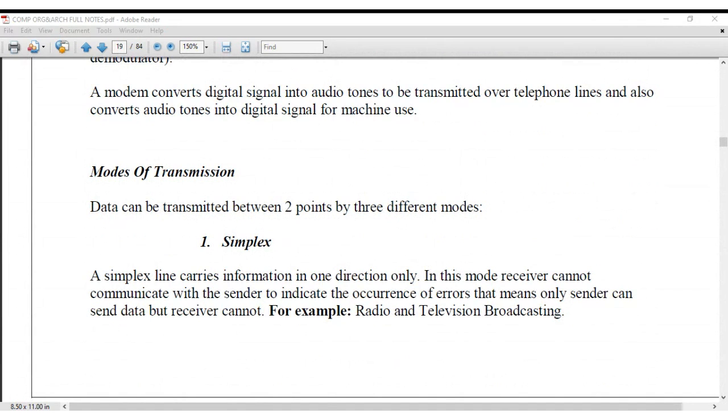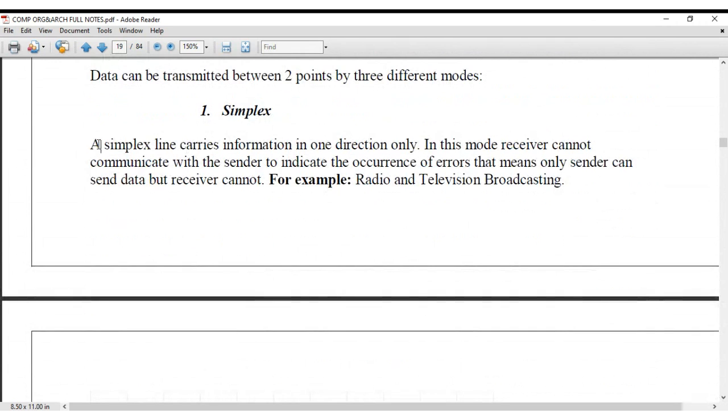Now, what is simplex transmission? A simplex transmission is unidirectional. Unidirectional just means that at a given time, that simplex line can only support one signal going in one direction only.